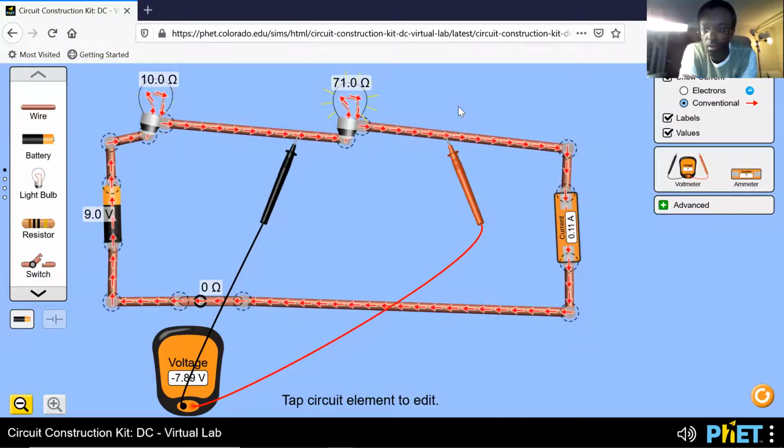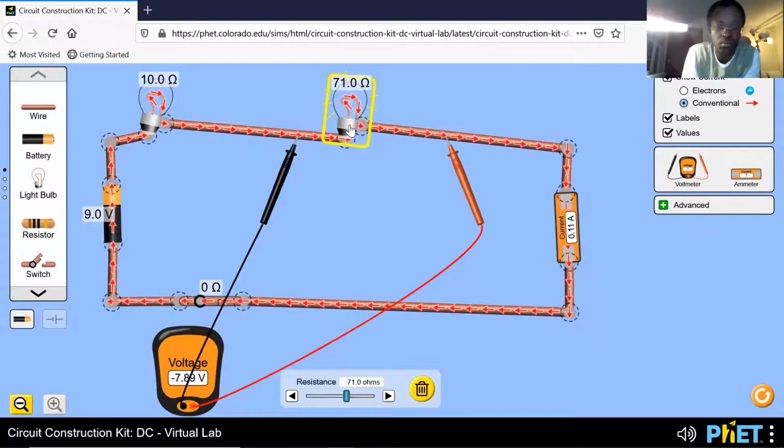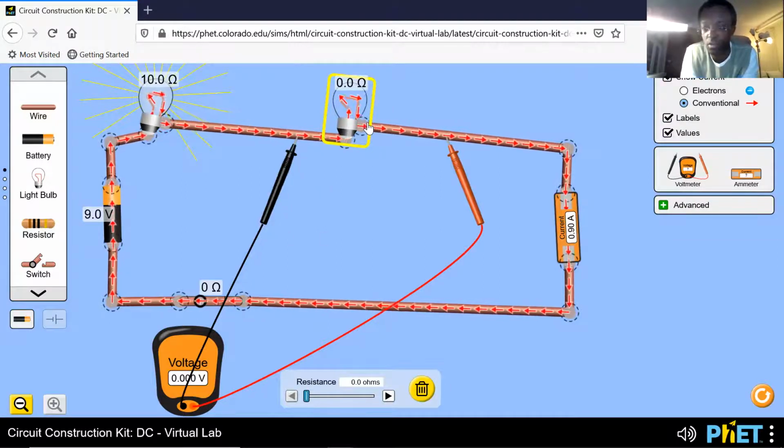So a light bulb is a resistor. Now the question is, observe what happens. Are the light bulbs brightly lit? Well, if I have only one light bulb, let me make this resistor's resistance 0. If I make this 0, it's the same thing as removing it from the circuit.